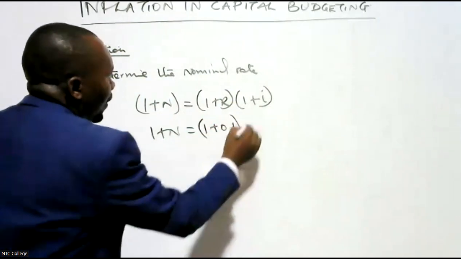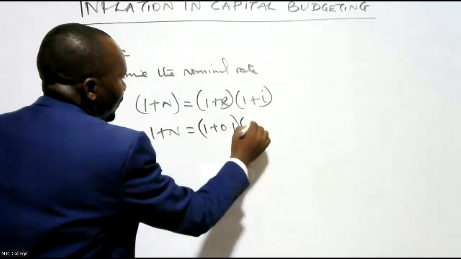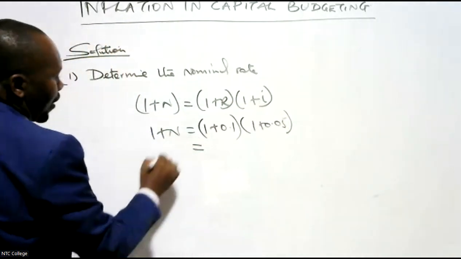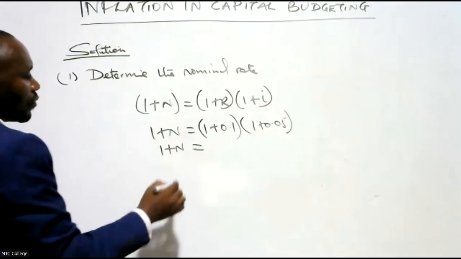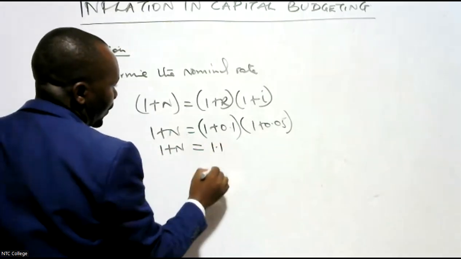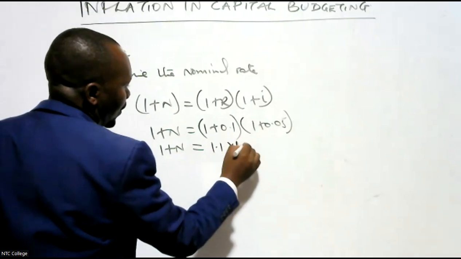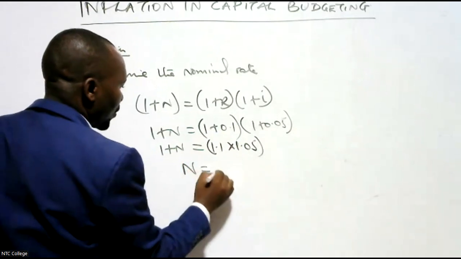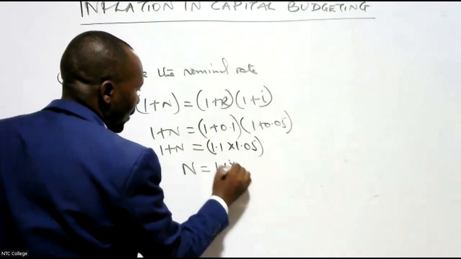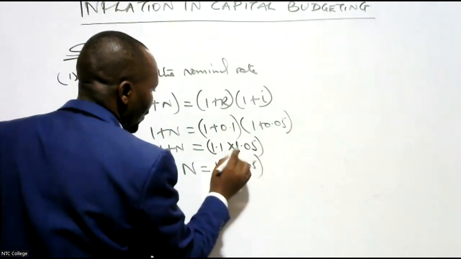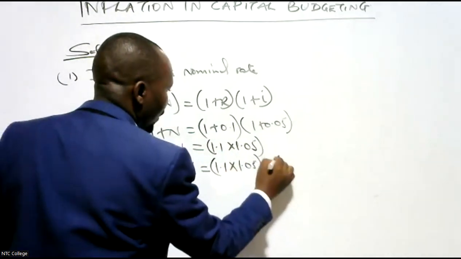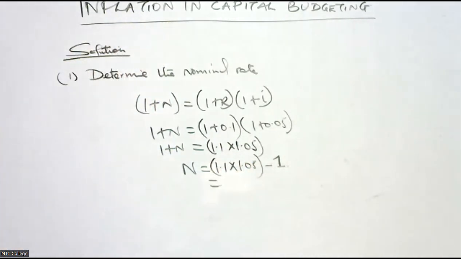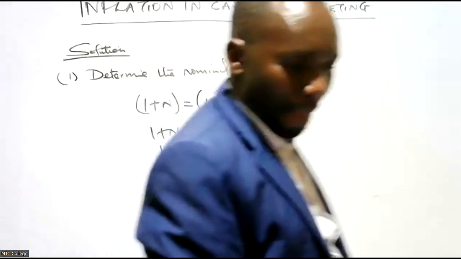Are we together? Into 1 plus 0.05. You're going to have 1 plus n is equal to 1.1 times 1.05. n is equal to 1.1 times 1.05 minus 1. What is your n? That is the nominal rate. Isn't it easy?